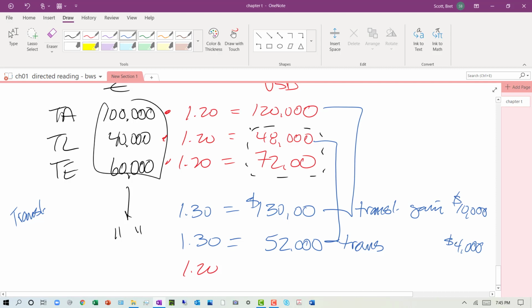When we see that liabilities have gone up, that's not a good thing. We now owe more in US dollars. It could be the same debt, nothing's really changed composition-wise, but the exchange rate's changed. So if we were to settle out now, we'd have to pay $52,000. So we have a translation loss in this case. Womp womp.